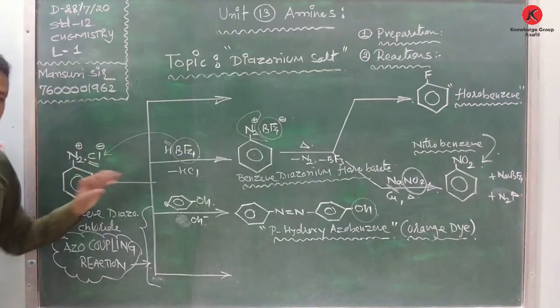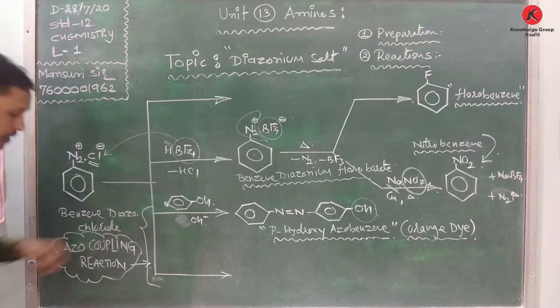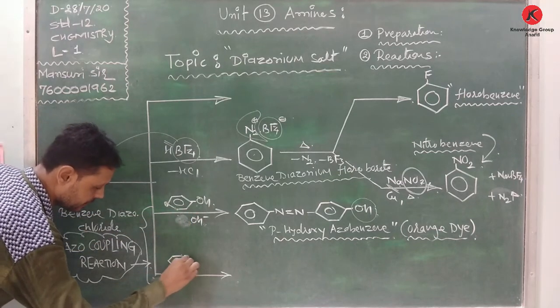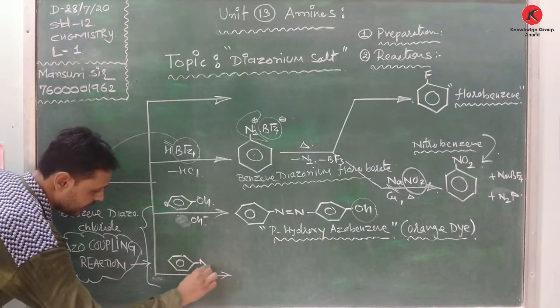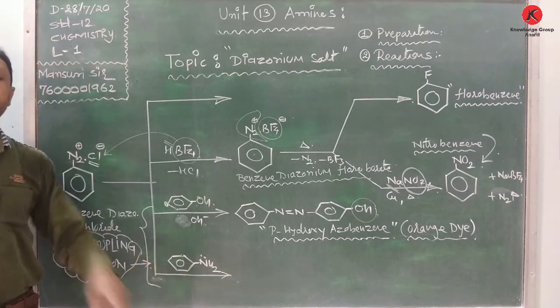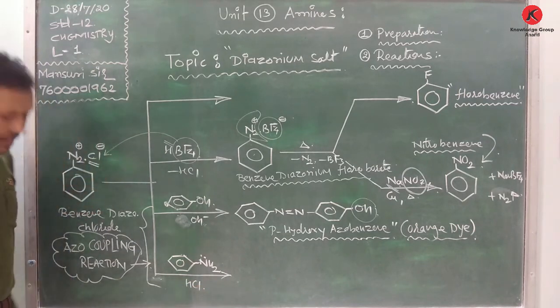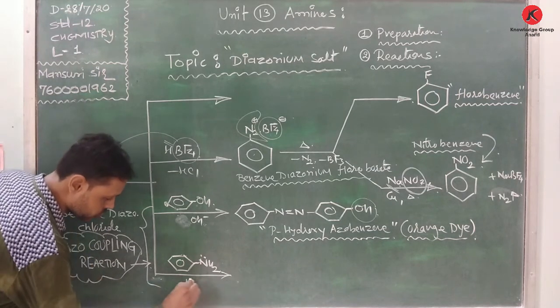Thereafter, similarly, instead of phenol, we will put over here aniline. So aniline, that means it contains NH2, which is soluble in hydrochloric acid. So we will put over here HCl, but Cl will be removed, so H plus.